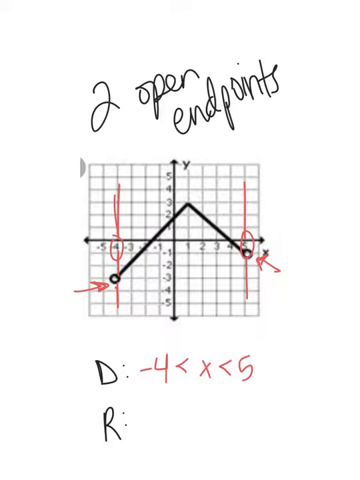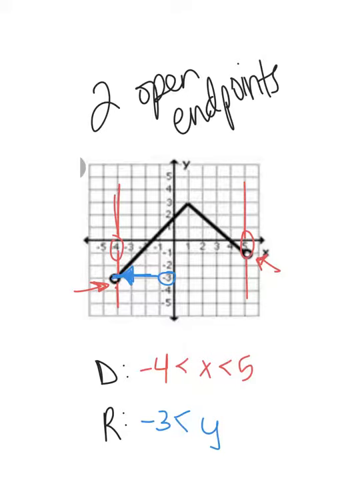And then for the range, looking at the floor and the ceiling, where the bottom of the function is, we see the bottom of the function starts right here at -3. And this is an open circle at -3. So we know that y has to be greater than -3. It cannot equal -3.